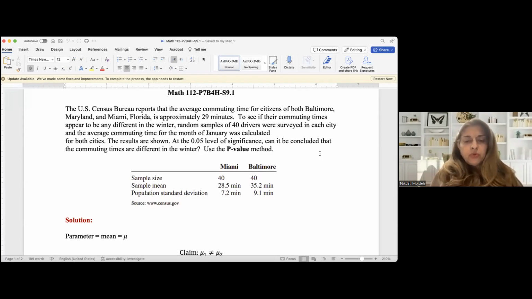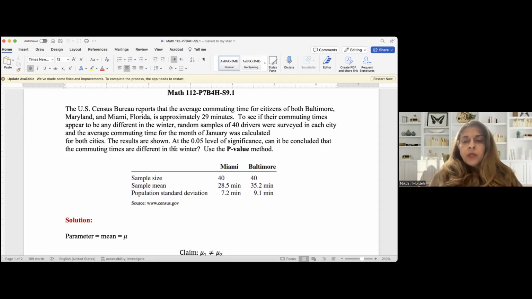The results are shown here. Miami, sample size 40, mean for the sample 28.5 minutes, population standard deviation, sigma sub 1, 7.2, this is X1 bar. Then for Baltimore, again, sample size n2 was 40, X2 bar 35.2 minutes, sigma 2 was 9.1 minutes.